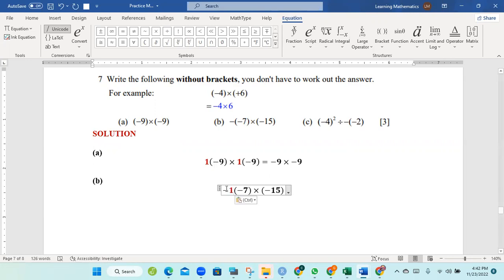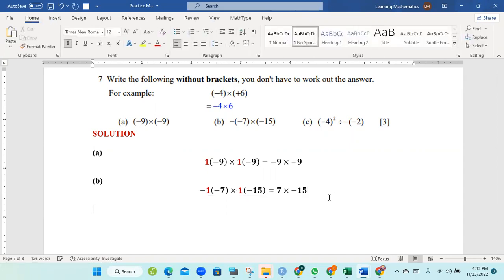So in this case, it's -1. And here, we don't see a number. If we don't see a sign, it's positive, so that's a +1. So technically, what we have on this side is a -1 times a -7. That's 7. A negative times a negative is a positive. And here now we have a +1 times a -15 is a -15. So I left 7 times -15.